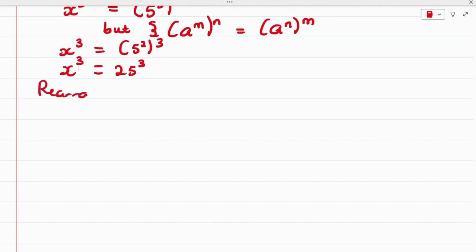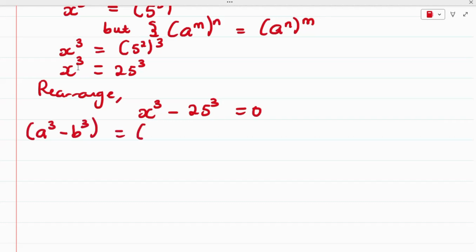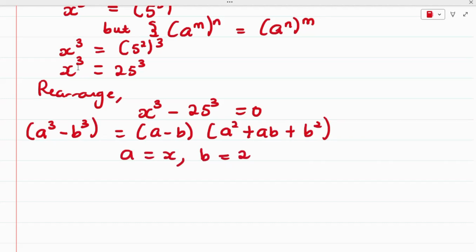So we want to simply rearrange and set the equation to 0. So we have x raised to the power of 3 minus 25 raised to the power of 3, and this is equal to 0. So we want to apply the difference of cubes formula that says a raised to the power of 3 minus b raised to the power of 3 is equal to a minus b multiply a square plus ab plus b square. Alright, so from here we have that a is equal to x and b is equal to 25.